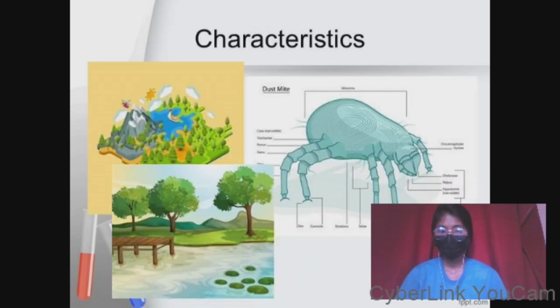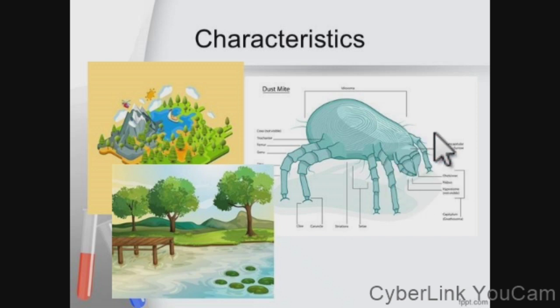They can be found in a variety of habitats, aquatic like lakes or ponds, and terrestrial on plants, animals, birds, and insects, or they sometimes live freely. Their body is divided into regions: the cephalothorax, this, and the abdomen.